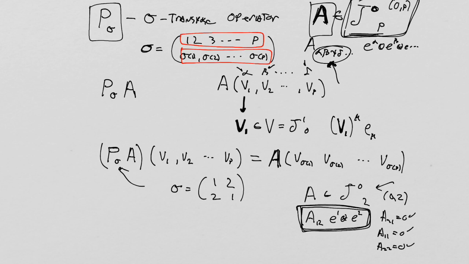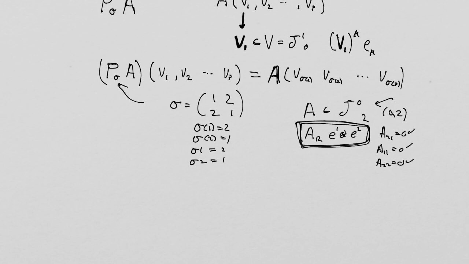So in this, using our notation, sigma 1 equals 2, and sigma 2 equals 1. Then I'm going to define P sigma of A acting on V1, V2 to be A acting on V sigma 1, V sigma 2, which in this case is A acting on V2, V1.